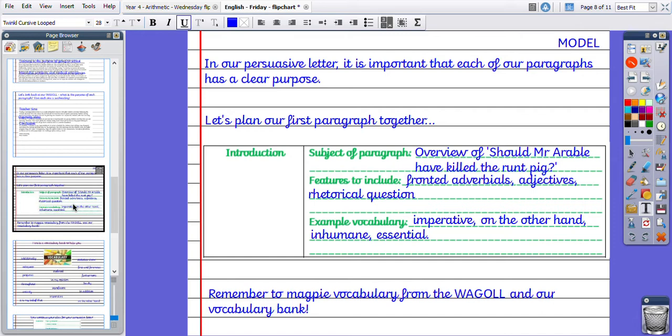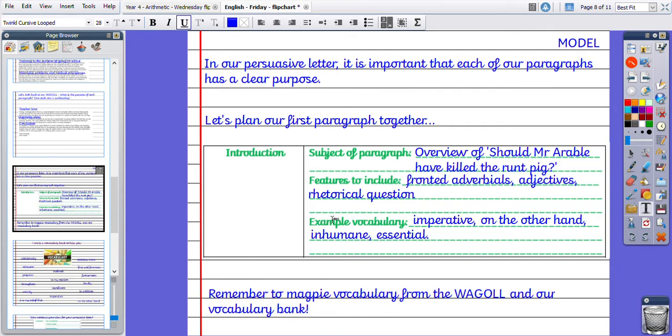So your introduction, it's asking the subject of your paragraph. So the subject of my first paragraph is going to be an overview, and yours should be very similar because we're going to give a brief overview of what our letter is going to be about, okay, which is, should Mr. Arable have killed the runt pig?